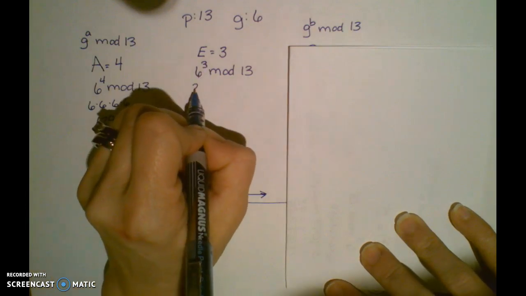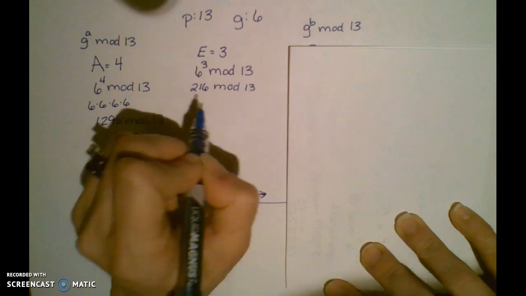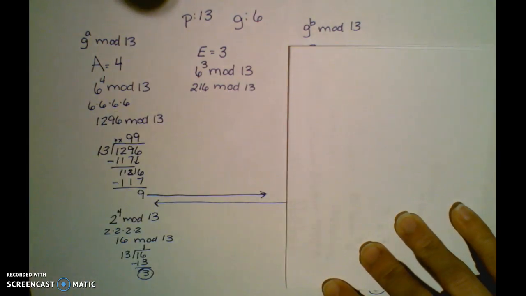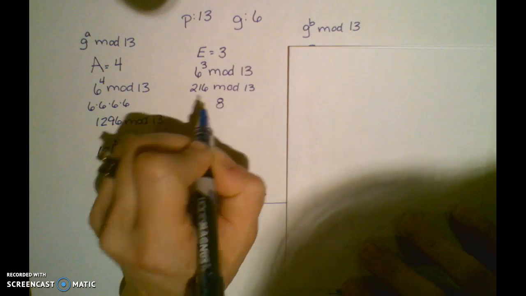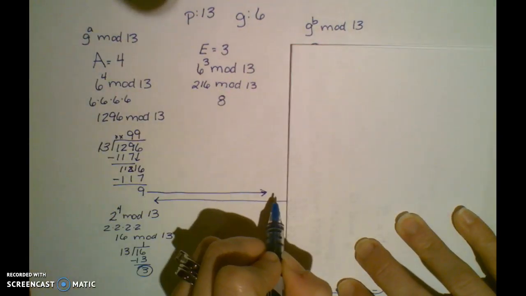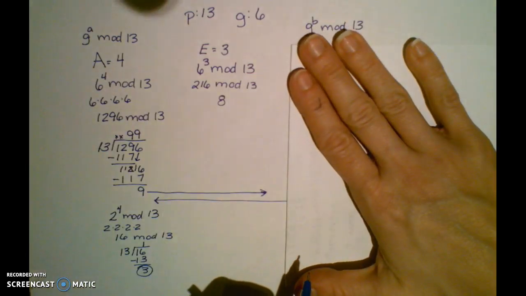6 to the third power is 216 mod 13. That means when I take 216 and divide it by 13, I'm going to get some number. So go ahead and try it. What you should get is 8. So Alice has sent across 9. Bob is not going to get it. Eve is going to intercept it.